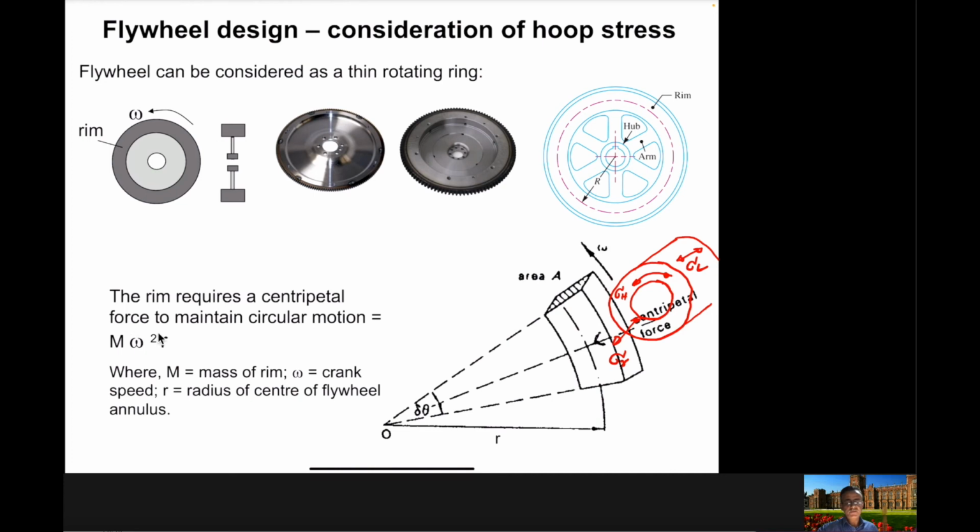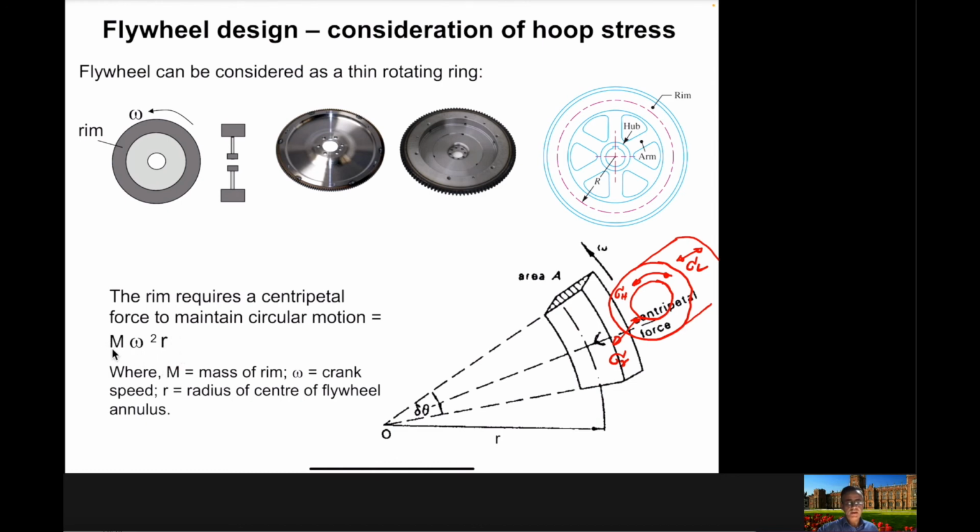As you can see in this case, the rim of the flywheel requires a centripetal force to maintain circular motion. Because the flywheel is rotating at very high RPM, the centripetal force applied to the flywheel can be written by this equation.